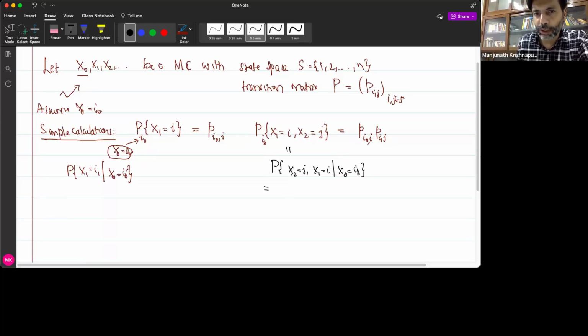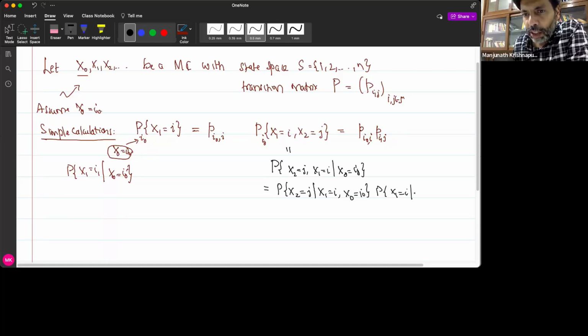Given x0 equal to I0, what's the probability that X1 is I and x2 is j? If you understand the definition of conditional probability, you can write it as the conditional probability of x2 equal to j given the past, multiplied by the event we pushed into conditioning, namely x1 equal to I given x0 equal to I0.